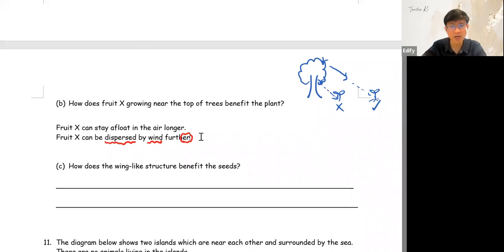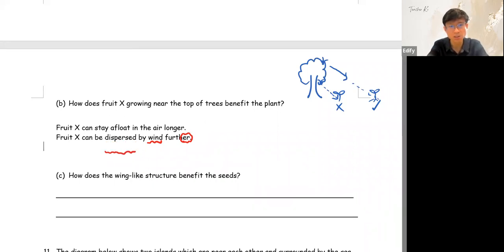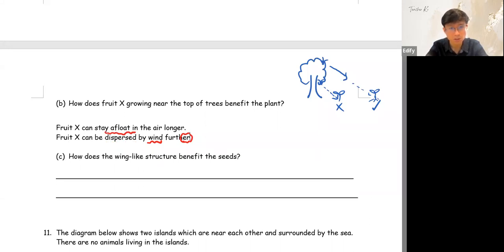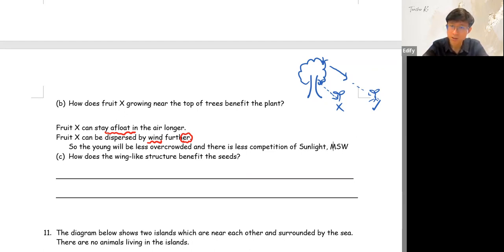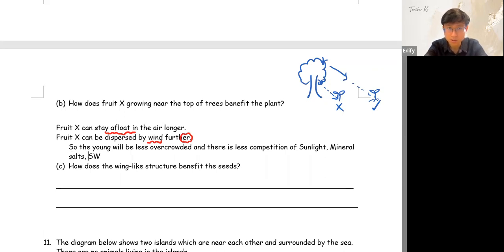Because when you disperse far away, the young will be less overcrowded, and there is less competition for sunlight, mineral salts, space, and water.